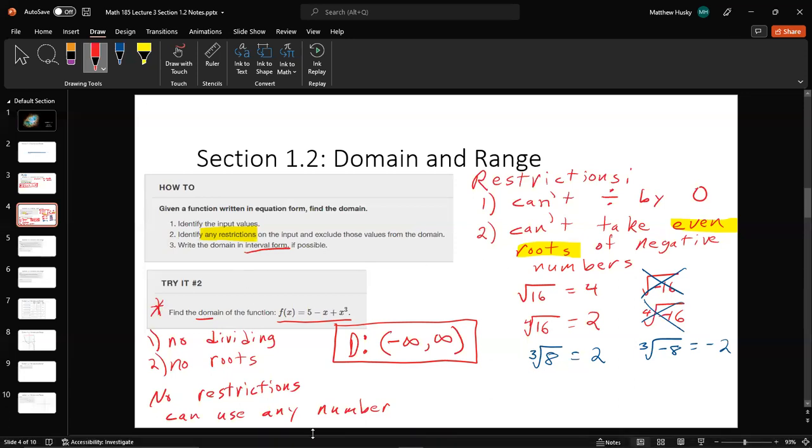So the idea is you can use any number. The thing you all need to know is the appropriate way to write that. It's sort of like emojis, and people who are in the know know what that means. That's what this means. It just means any number.